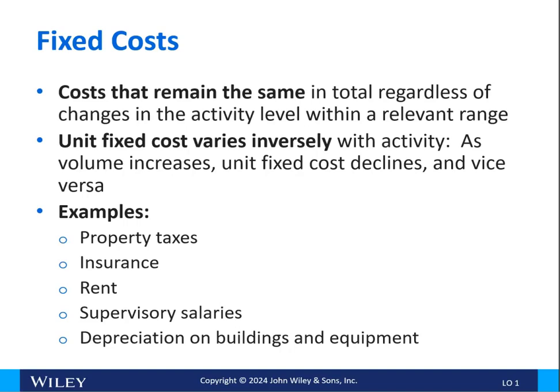So examples of fixed costs are property taxes, insurance, rent, supervisory salaries, depreciation on buildings and equipment. So those are fixed. You're going to pay those, and it doesn't matter if you produce 1 unit or 1 million units, assuming it can all be done in the same building. Those costs are not going to change.